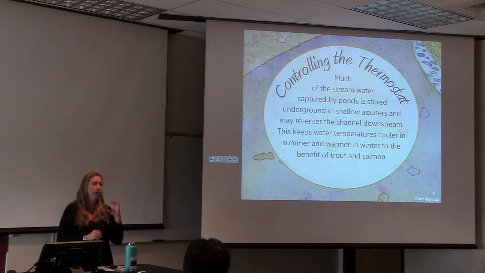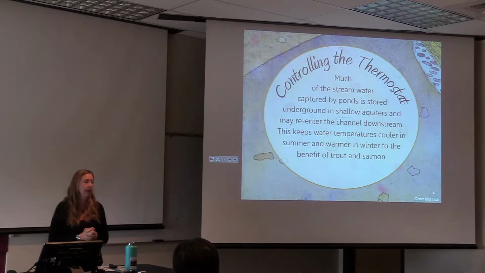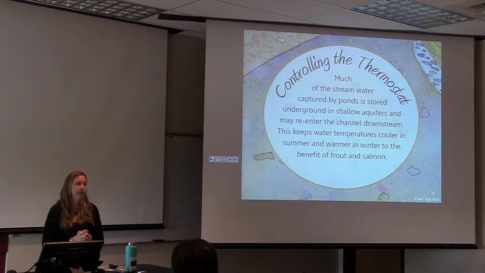And then also the daily fluctuations in temperature were dampened. So fish during really hot times in the summer weren't exposed to what could be lethal in some areas of the creek. It remained in non-lethal zones for fish, for endangered steelhead.